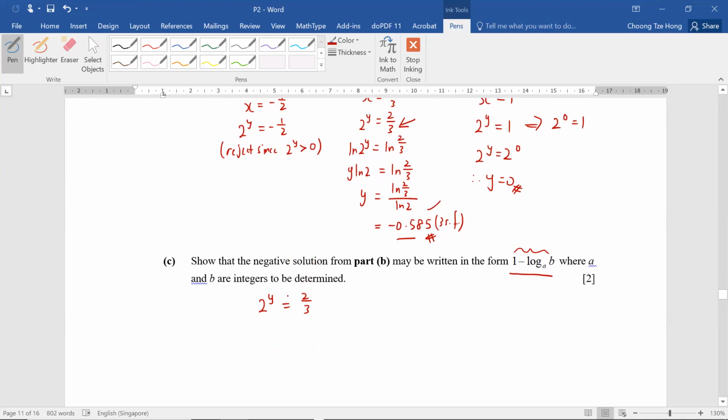At this stage, you may ask yourself, what can we do to find y? Previously we learned to ln both sides to find y. But now, is there something we can do to totally get rid of this 2 over here and just be left with y? If we do ln, we are doing log base e.